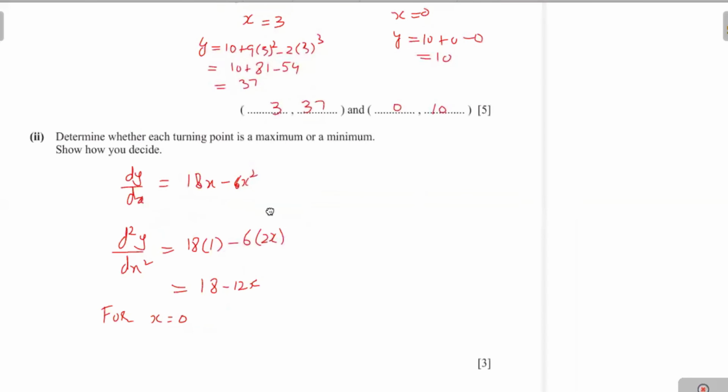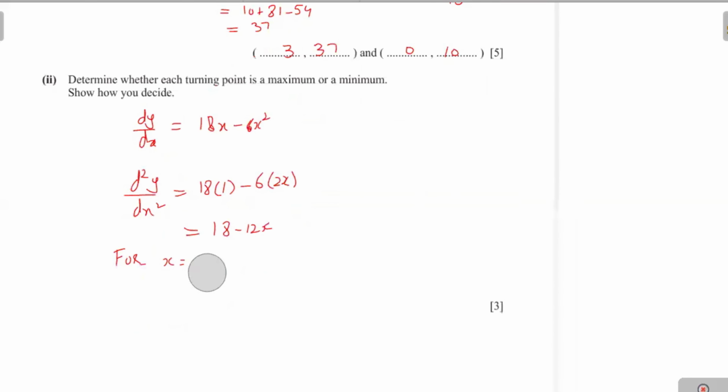When x equals 3, this value d squared y over dx squared will be equal to 18 minus 12 into 3. That's equal to 18 minus 36. This is minus 18.